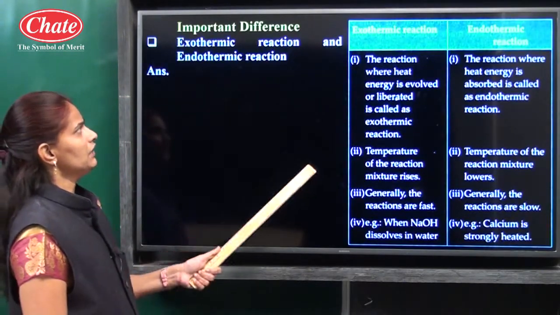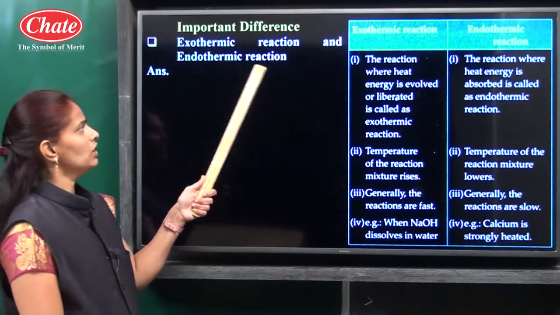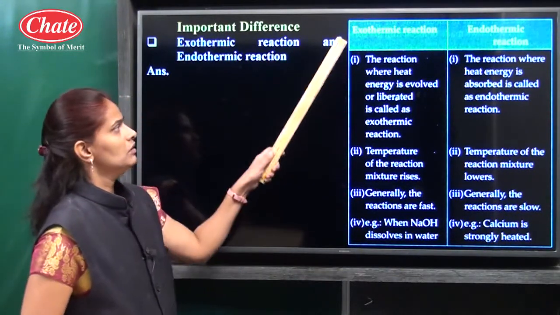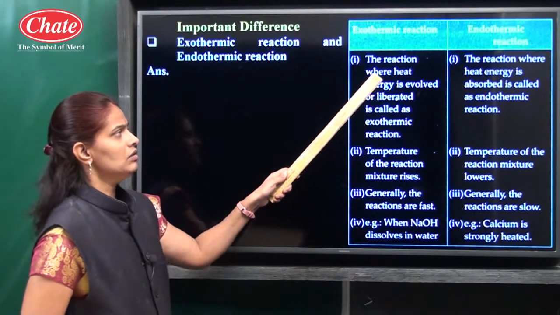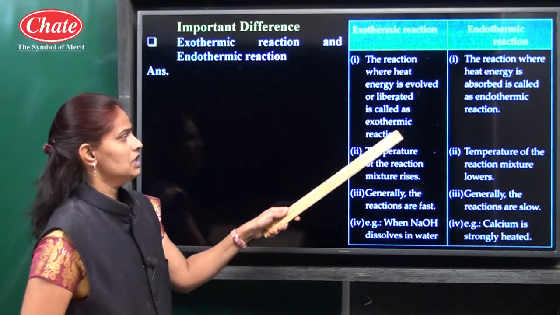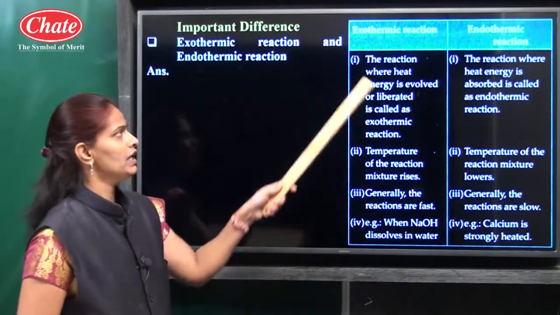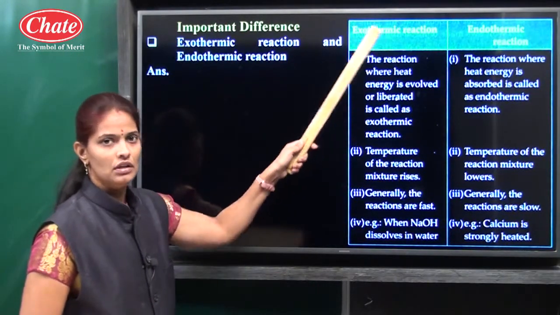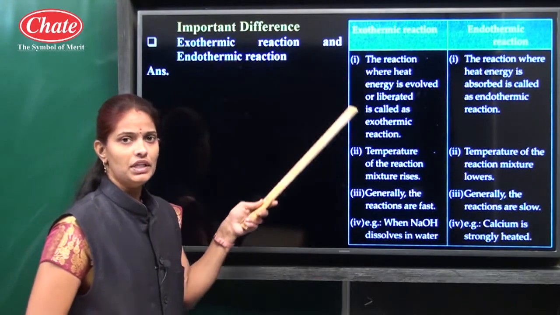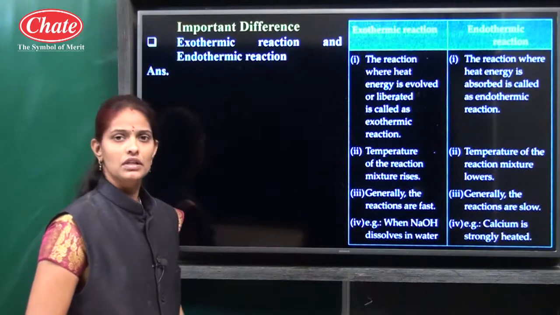Then the second difference from that chapter is exothermic reaction and endothermic reaction. Here the exothermic reaction is the reaction where heat energy is evolved or liberated. We know exo means out and therm means heat. Heat is given out, evolved, liberated, and that is why it is called an exothermic reaction.